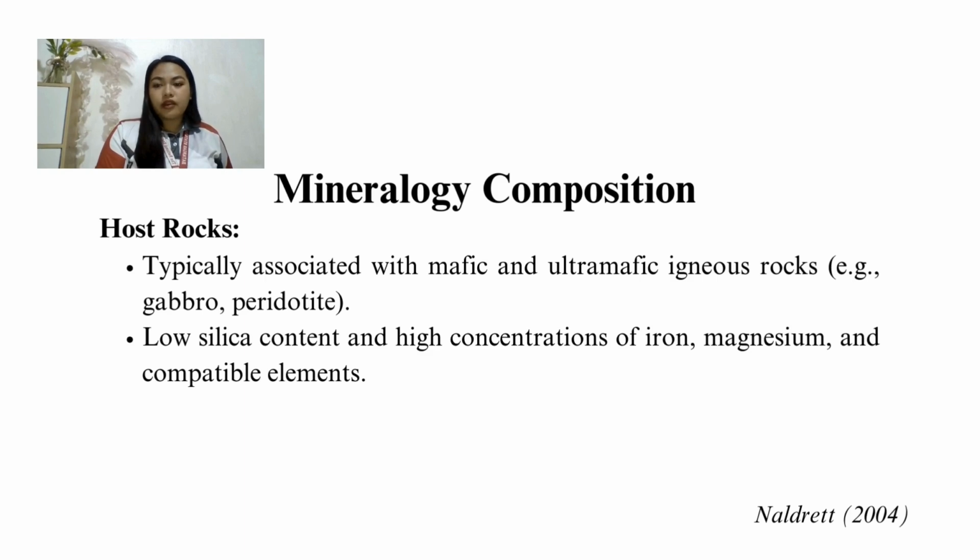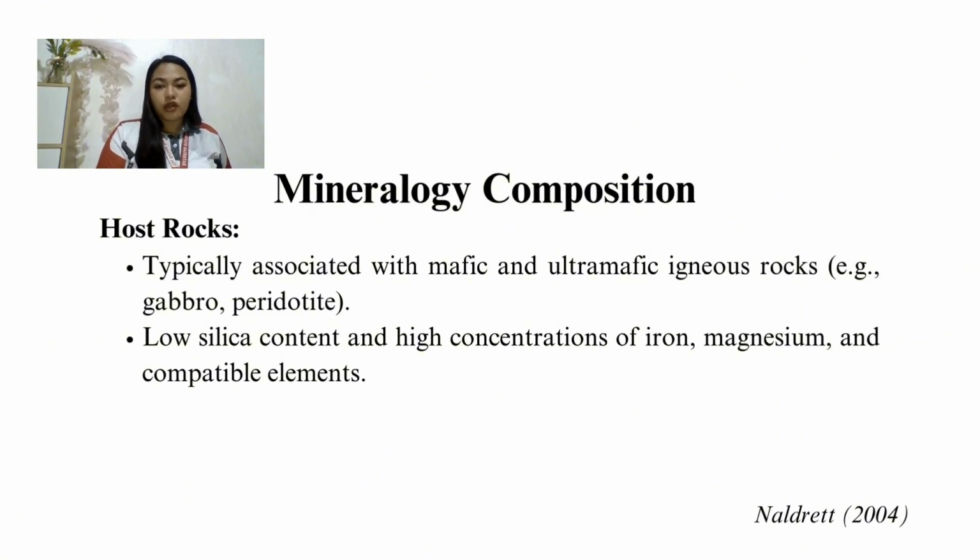Mafic and ultramafic rocks originate from the cooling and crystallization of magma rich in these elements. Due to their geochemical composition, these rocks play a significant role in controlling the distribution of metallic ore deposits. The study of host rock also provides insight into the geological history and magmatic processes that lead to the formation of mineral-rich deposits.